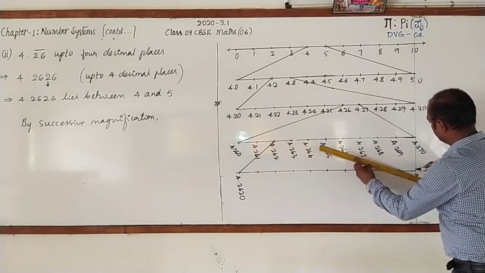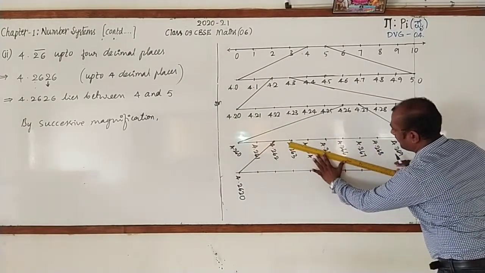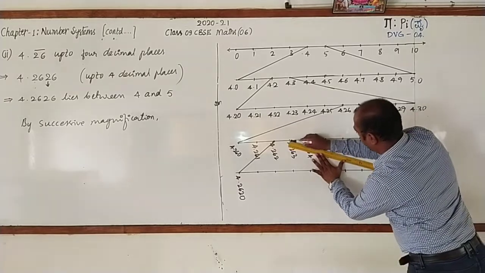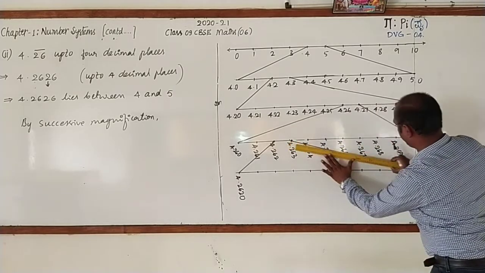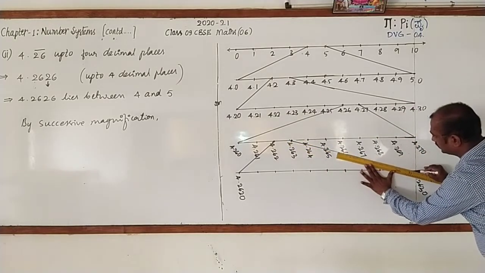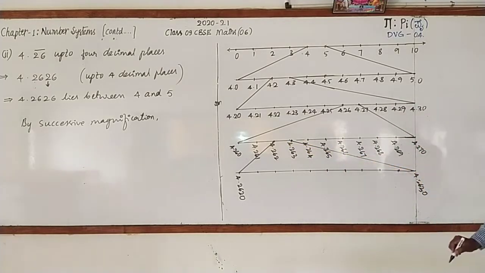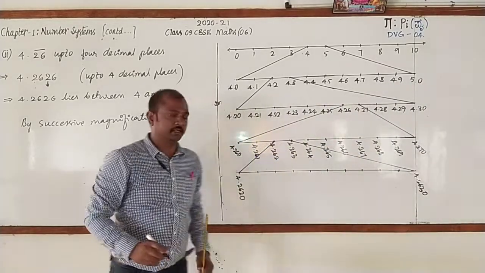Draw the line from here to this terminating point. Now I'll go for writing the decimals.